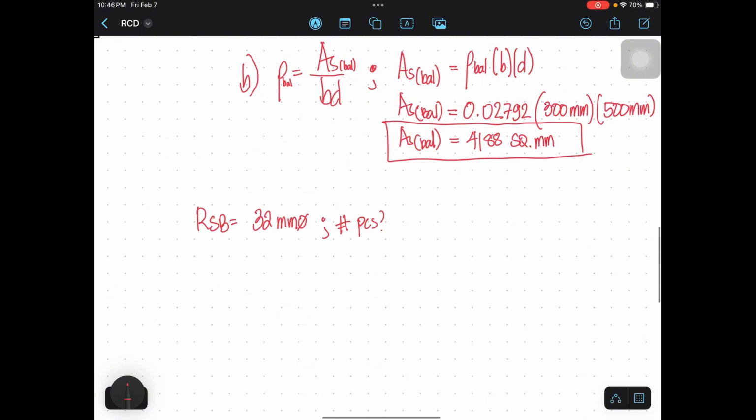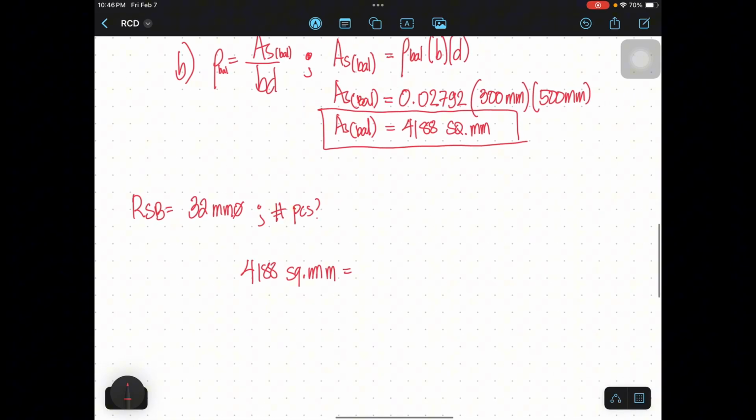So to do that, this area 4,188 square millimeter, equate natin yan sa area ng this specific diameter of reinforcement. So yung kanyang area is 0.25 pi multiplied by 32 millimeter squared.